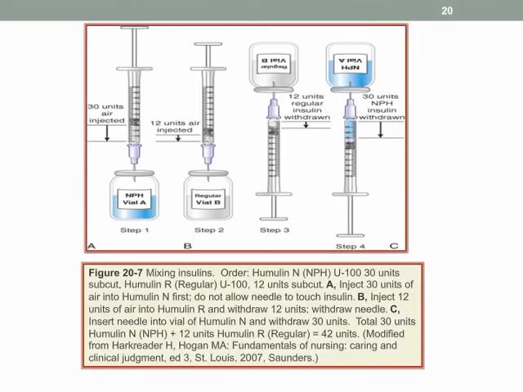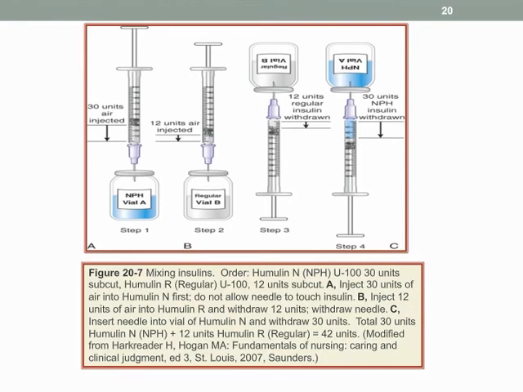So let's go over the procedure for drawing up 2 insulins in the same syringe. And you will need to know this information both for your clinicals coming up as well as for your upcoming exam. Gently roll both vials in the palm of your hand to get them into an even suspension.